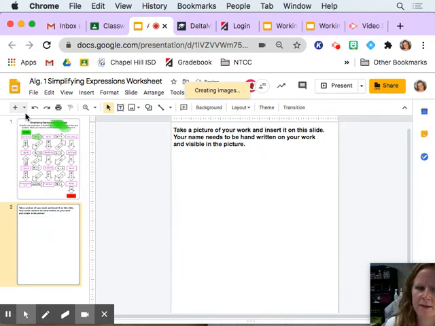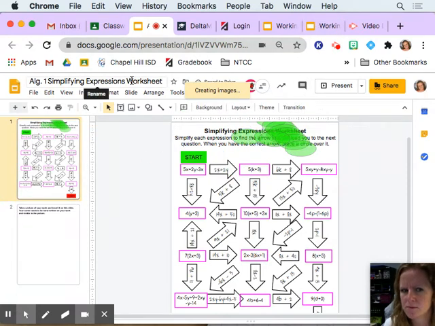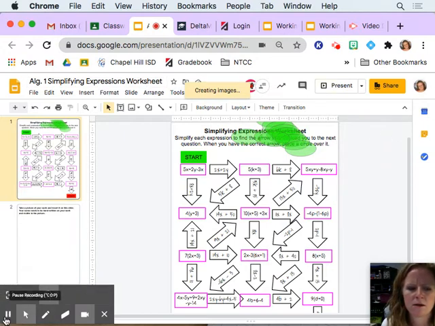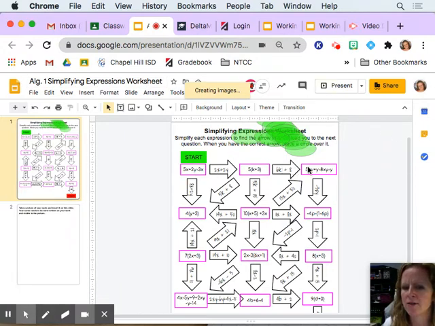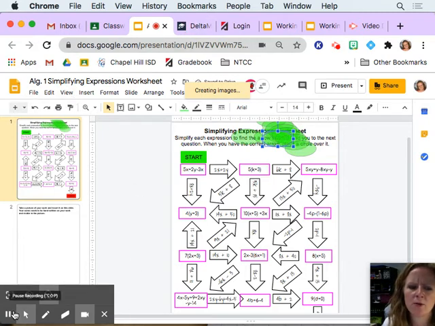Okay, so I'm going to delete that. Pull this over here. That's it. And you are going to turn it in. All of your arrows should be with some kind of circle. All right. So that is it.